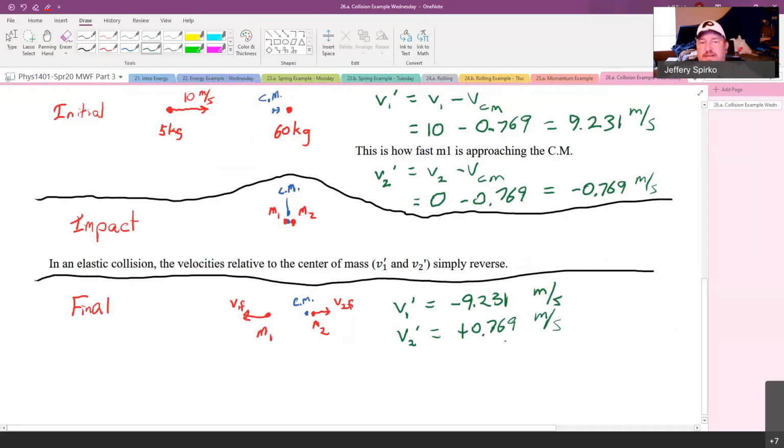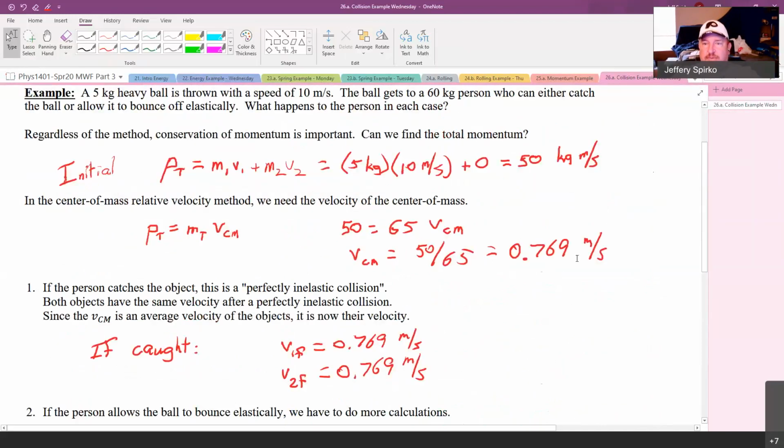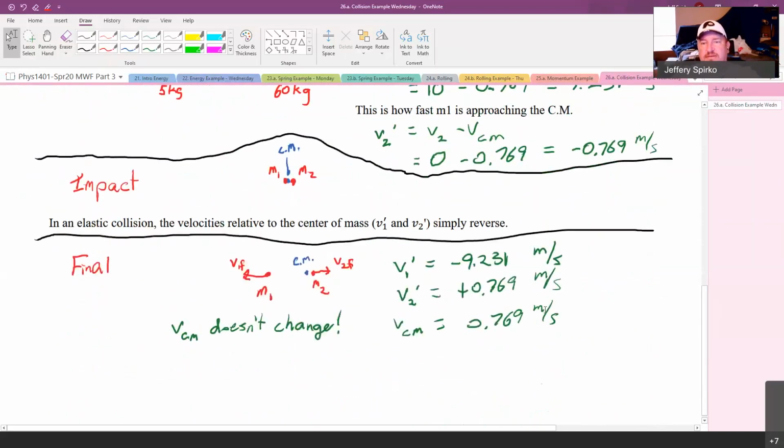It's plus instead of minus. And there's one more, V center of mass. It doesn't change. So V center of mass is still equal to the regular old value 0.769 meters per second, the same value that we calculated up here.